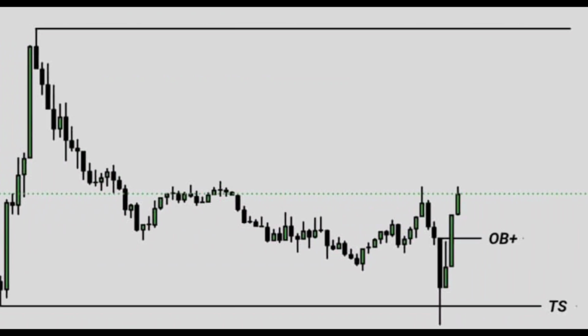So what you need to do now, once the candle dips into the low or the high, you wait for a thick candle to close above. When a thick candle closes above, you either take your trade from there or you wait for the market to retrace back to that order block and you take your entry.